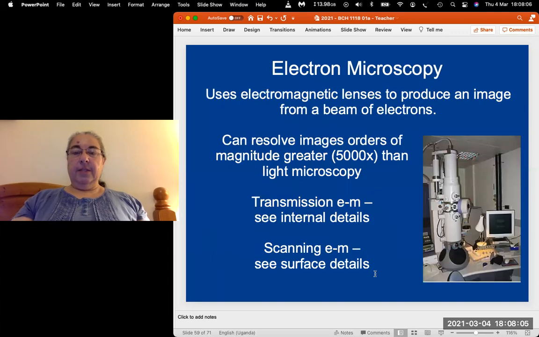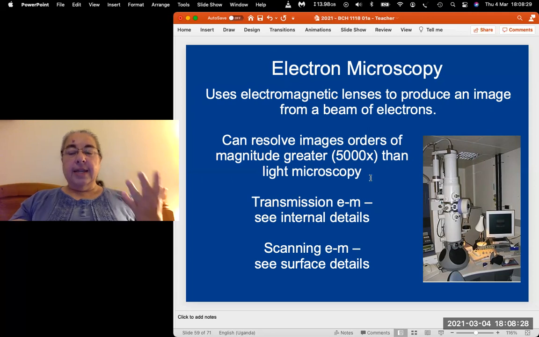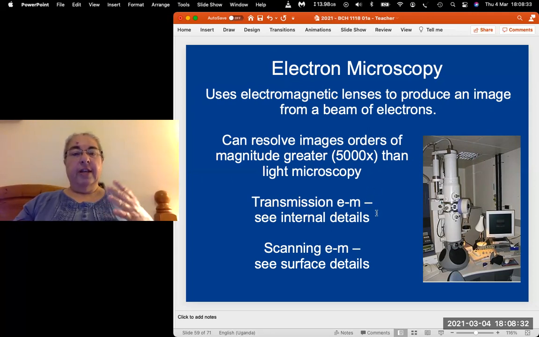Okay, so here is an electron microscope again. Electron microscopes can produce a much more magnified image, and a light microscope can magnify up to about 400 times. An electron microscope can magnify up to about 5,000 times. And again, it has different techniques that allow you to see different features within the specimen.